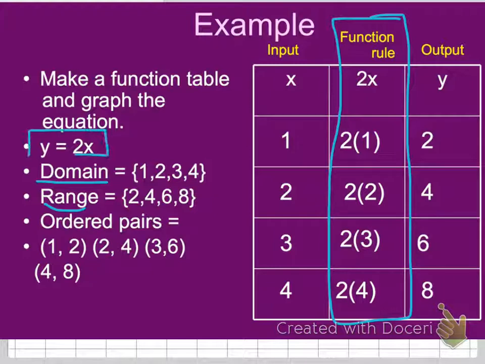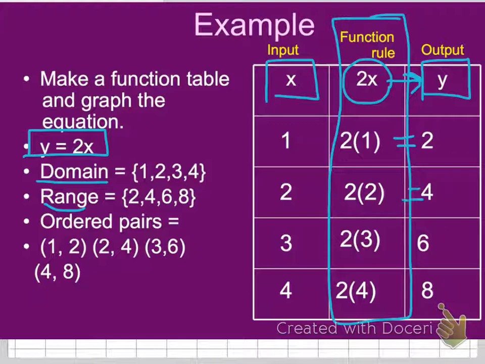So you can see this way also, it is y equals 2x, because your input is your x value and your output is your y. So you're multiplying this x times 2 and it equals your y. Okay, so 1 times 2 equals 2, 2 times 2 equals 4, 3 times 2 equals 6, and 4 times 2 equals 8.